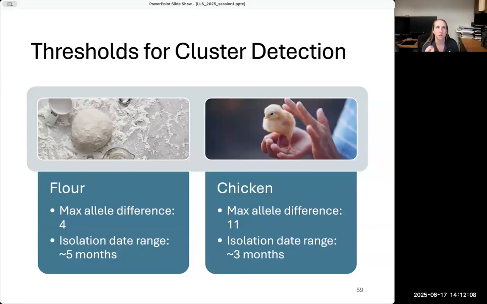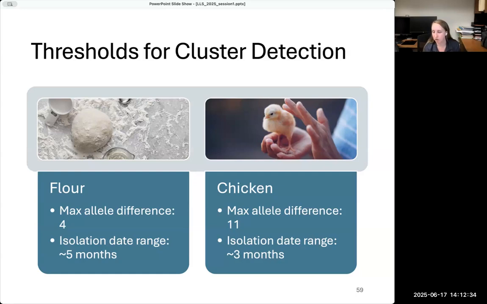So that's one reason you need to take into account anything about the epi data or the sources that you know of, to maybe adjust your thresholds to include more cases or to exclude some cases, to actually get them to what they should be for this outbreak or this cluster that you're looking at. So yeah, you have to think about those things. And I know often people talk about Relatedness and stuff.